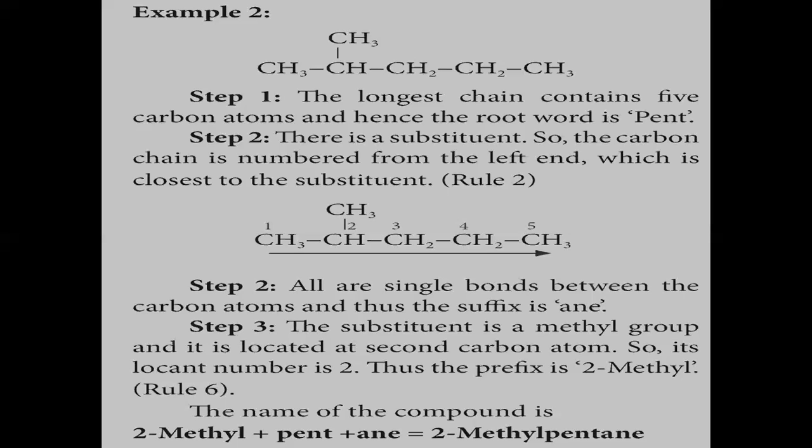Because it has a substituent, the locator number is 2. The prefix word for CH3 is methyl. So 2-methyl, 5 carbon atoms are present, so pent. The suffix word is ane, that is, the compound has a single bond. So the compound name is 2-methyl pentane.